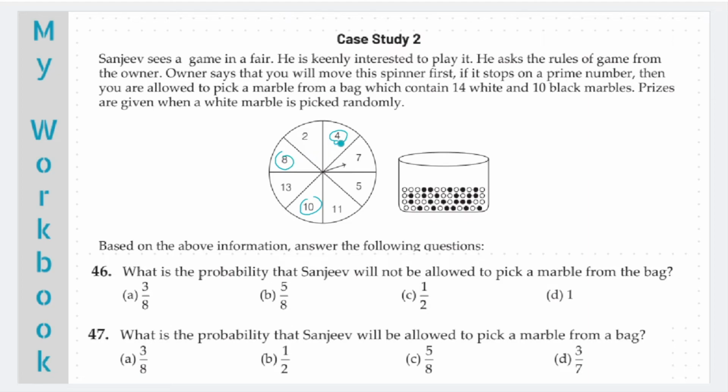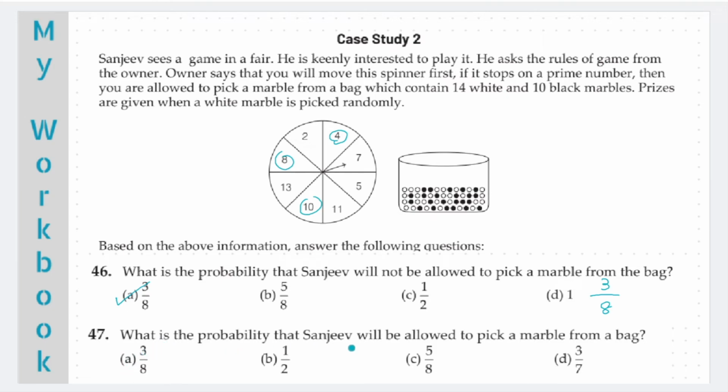So the number of favorable outcomes is 3 and the number of all possible outcomes is 8. So 3 by 8. This will be the probability that a composite number comes up in the spinner, when Sanjeev will not be allowed to pick a marble. So answer is A, 3 by 8.